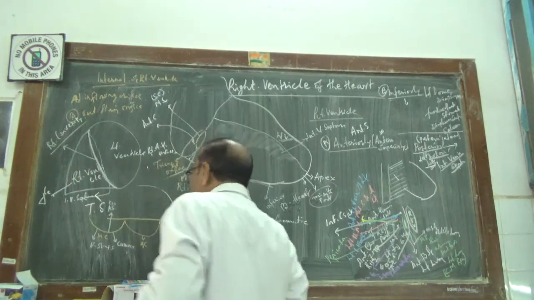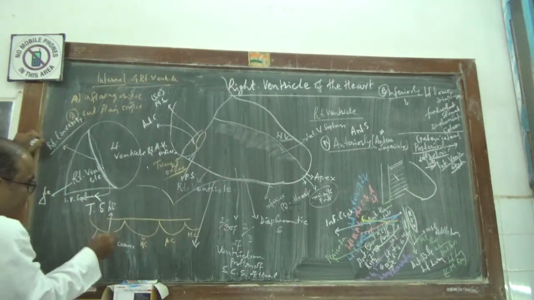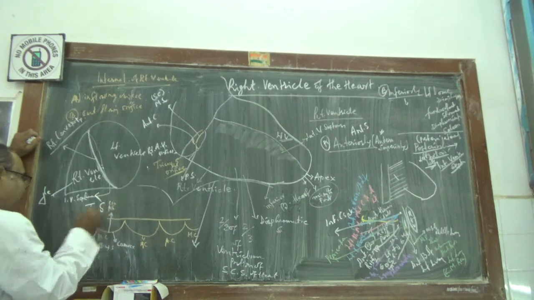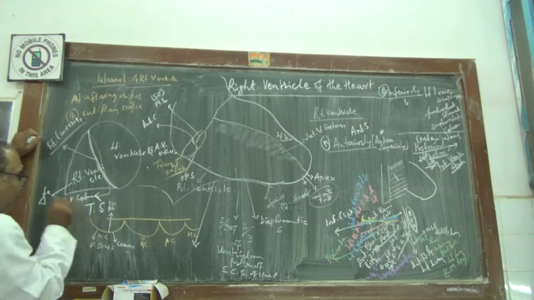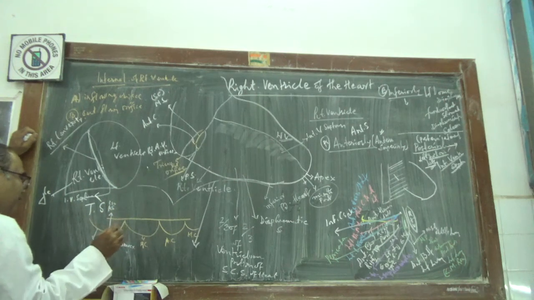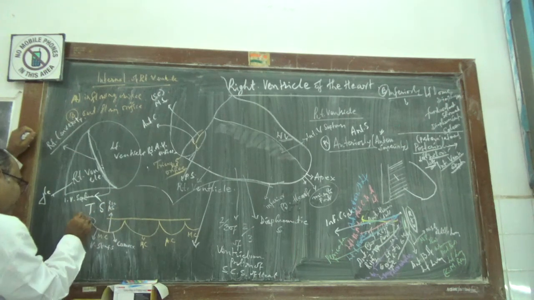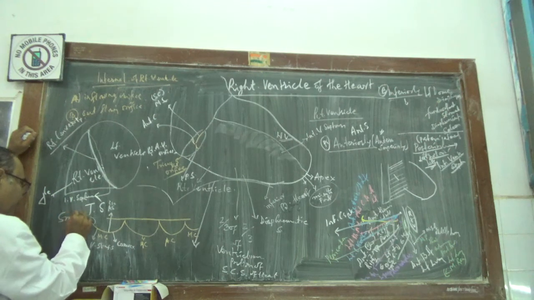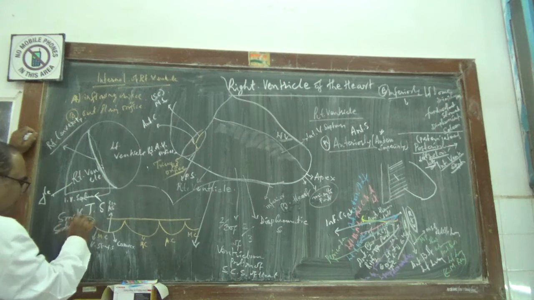Now with this, the atrial surface of the cusps, all three, medial, anterior, posterior, are smooth and shiny.